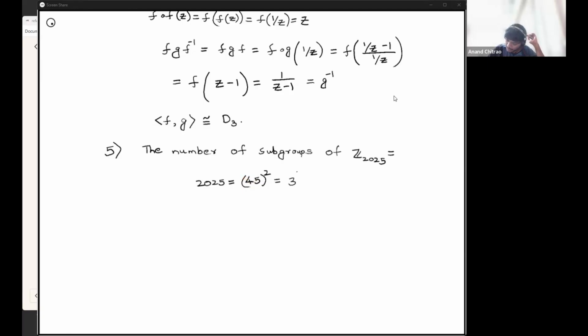So this is 3 to the power 4 times 5 squared. Now you add 1 to all these powers and multiply them together. So 4 plus 1 times 2 plus 1, that's 5 times 3 is 15. So you were right. The number of subgroups of Z2025 is 15.